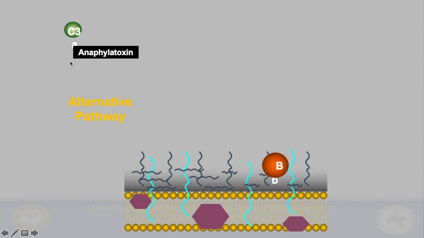Now C3b will cleave factor B, or protein B, together with protein D, forming Bb and Ba. Now take note that this Bb will form a complex with the C3b, forming now your C3 convertase, which would now cleave C3 into C3a and C3b. So you have more of the C3a being formed, and you also have another molecule of C3b.